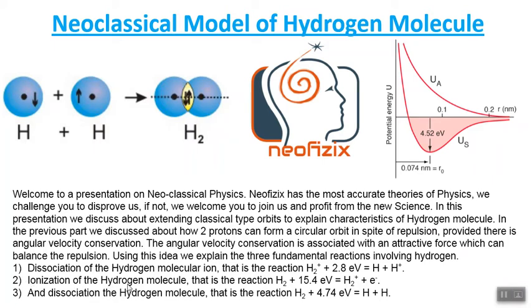Second, ionization of the hydrogen molecule, that is the reaction H2, the hydrogen molecule, plus 15.4 electron volts gives rise to H2+, the molecular ion, plus a free electron. And the third reaction, dissociation of the hydrogen molecule, that is the reaction H2 plus 4.74 electron volts gives rise to H plus H, that is two hydrogen atoms.